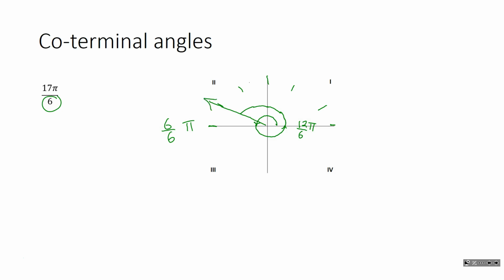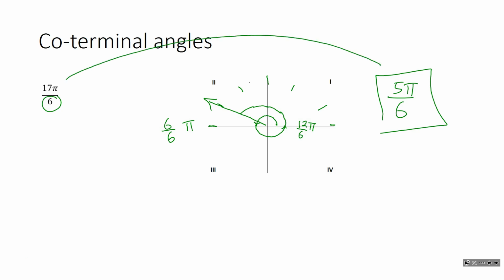And notice since the first revolution of 12 pi over 6 we were, you might say, spinning our wheels, it'd be more precise to just describe that original angle as that 5 pi over 6 that was left over after we made a complete revolution. So 17 pi over 6 and 5 pi over 6 are considered coterminal. They get you the same place. The one on the right is preferred.